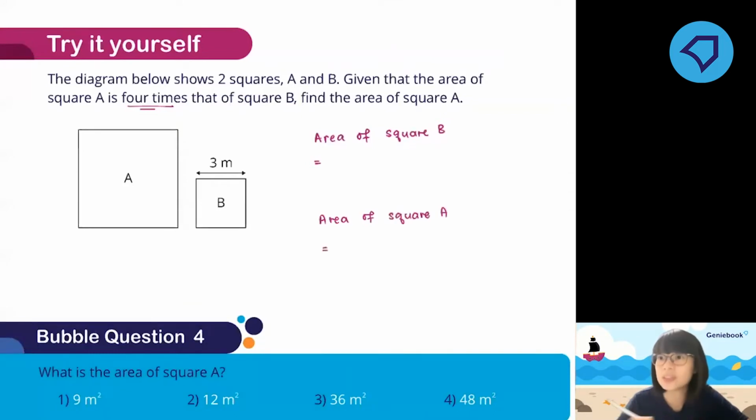You need to multiply by 4 because it's 4 times bigger. So take the area of square B, multiply by 4, and you should get your final answer. Let me highlight for those of you who are not very sure, 4 times just means we need to multiply by 4.